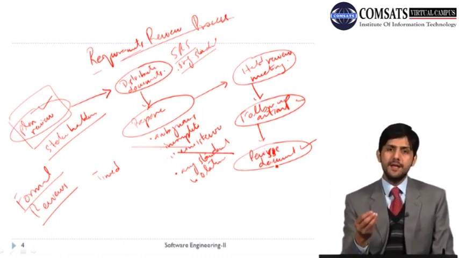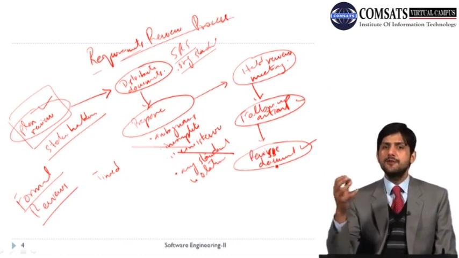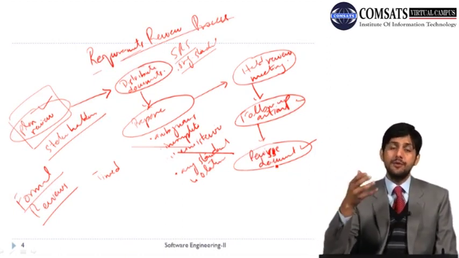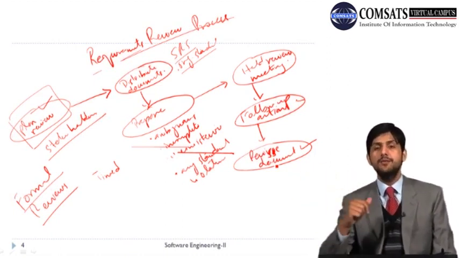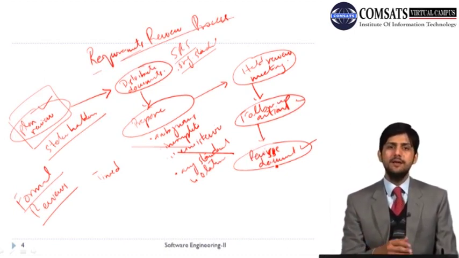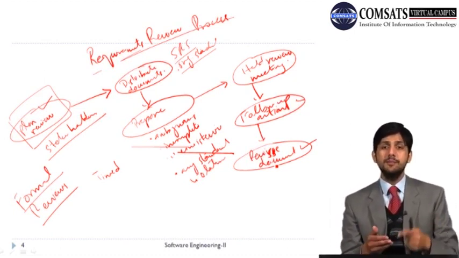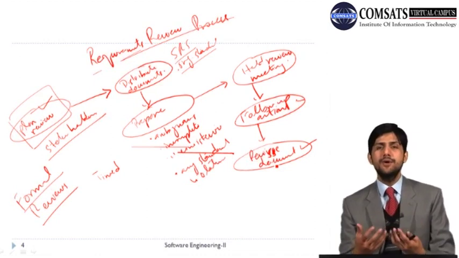It will be like an informal review where somebody from the software process engineering group, or somebody from your own team, or somebody from the SQA group would be assigned to go through your document. They would try to figure out all the typing mistakes, all the grammatical mistakes, all inconsistencies or incomplete requirements, because some things are very easy to identify.